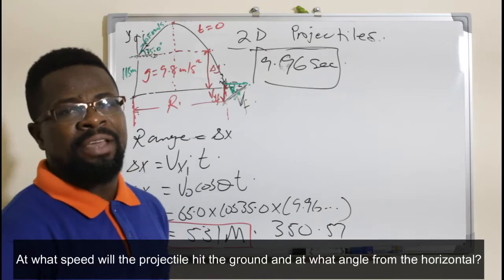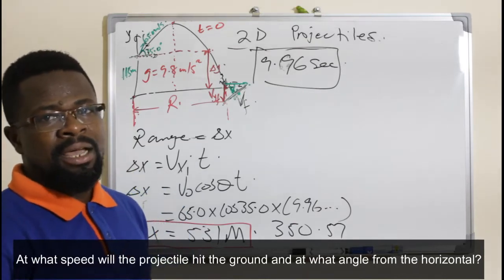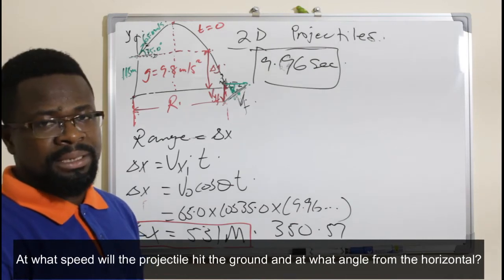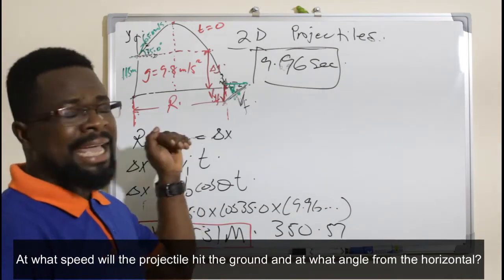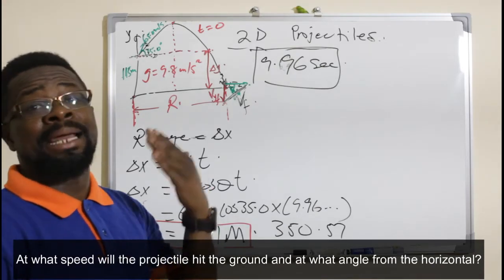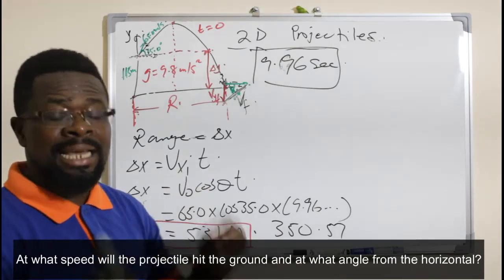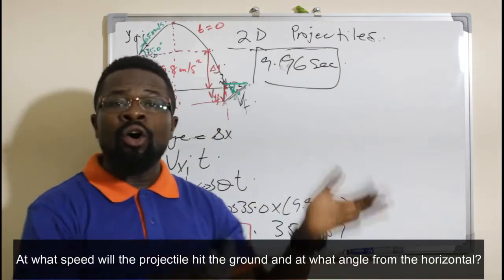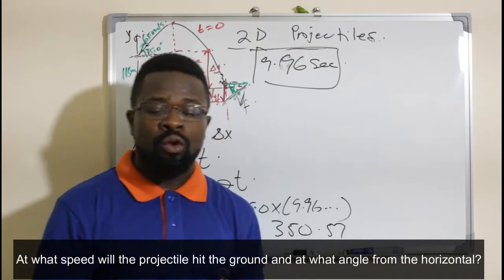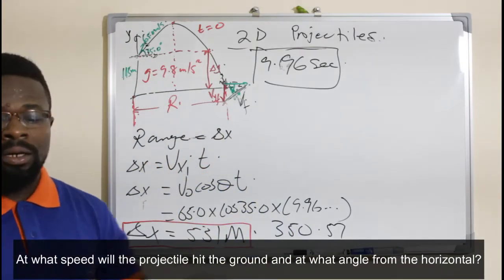How do I find the vx final? Well, remember that in our last video when we spoke about the 2D concepts, we said that the x component does not change. So the x component is constant, which means that in this case, the value of the x component is not going to change. It's going to remain the same.